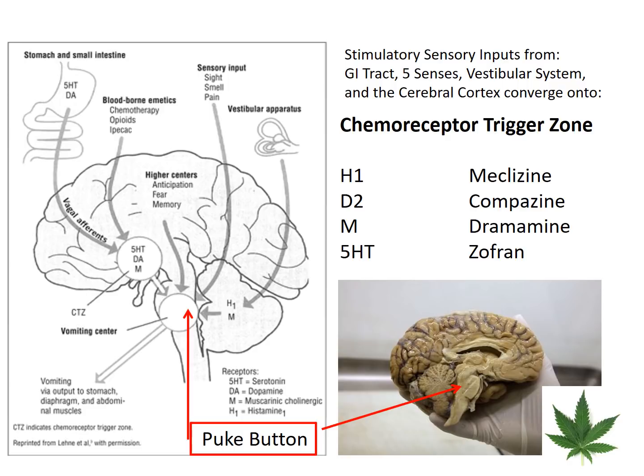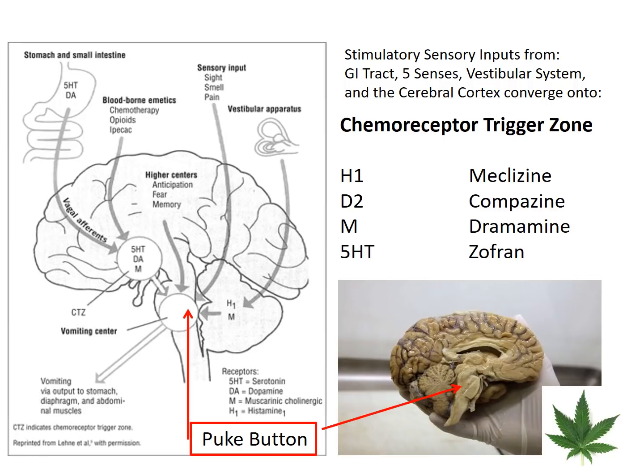All right, let's talk a little bit about vomiting now. So vomiting initiates in a part of the brain in the pons referred to as the chemoreceptor trigger zone. And different inputs come into the chemoreceptor trigger zone, inputs from the GI tract, through our senses, through the vestibular system, to the cerebral cortex, and they all converge here in the pons and activate one of 4 different receptors: histamine, dopamine, acetylcholine, or serotonin.